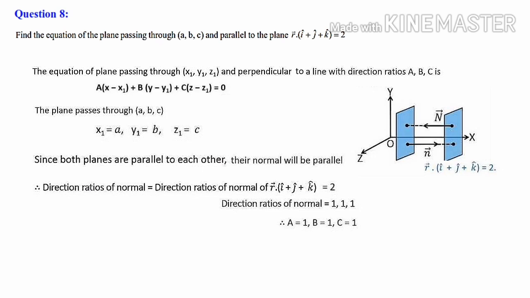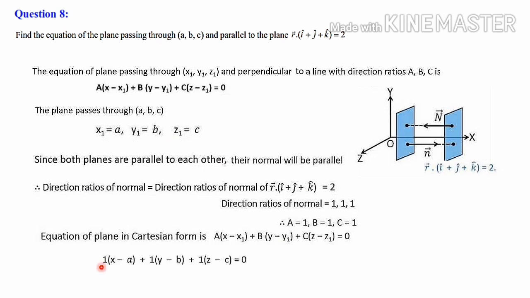Since the direction ratios we have got are 1, 1, 1, we can take A, B and C as 1 each. Then let's substitute into A into x minus x1 plus B into y minus y1 plus C into z minus z1 equal to 0. Here A, B and C are 1 each, and x1, y1, z1 we have got as A, B and C. When we substitute, we get 1 into x minus A plus 1 into y minus B plus 1 into z minus C equal to 0.